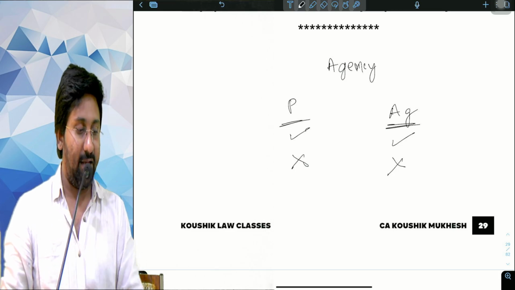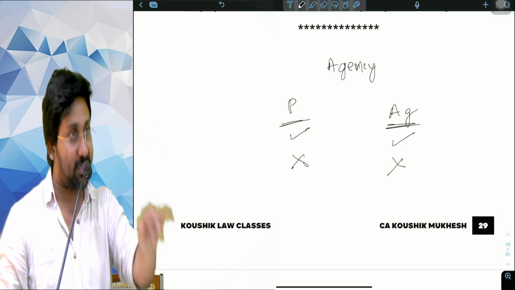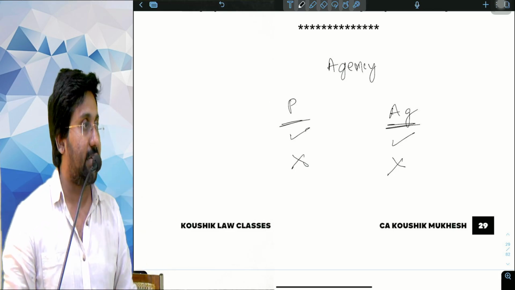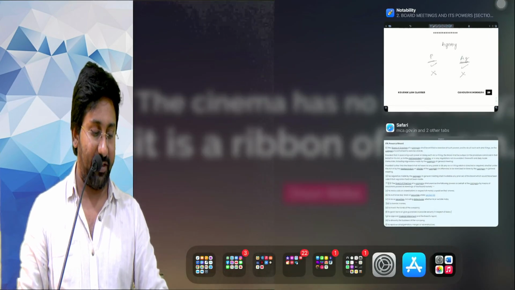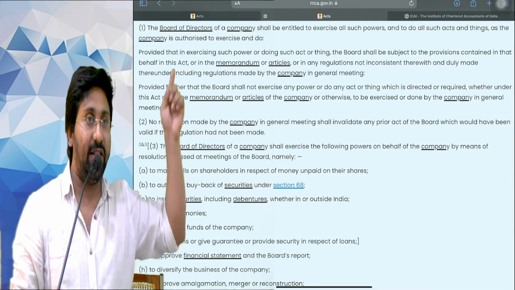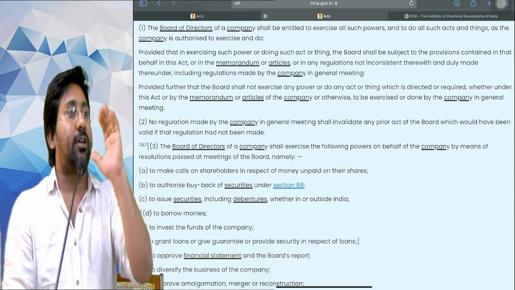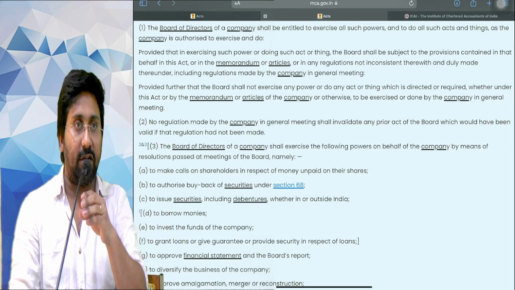This is the introduction to the charging section, the first subsection introduction. Section number 179. What can the board do? If that be the question, they have given the answer under Section 179. The board of directors of the company shall be entitled to exercise all such powers and to do all such acts and things as the company is authorized to exercise and do.